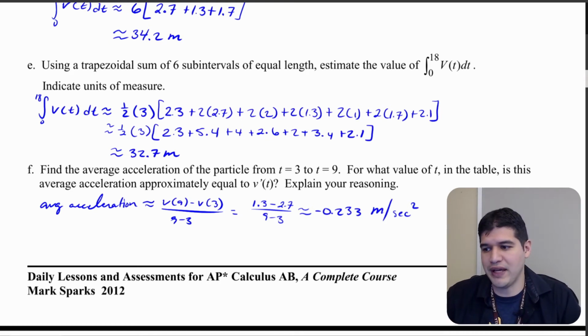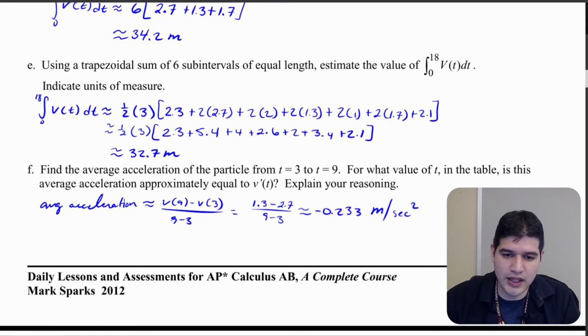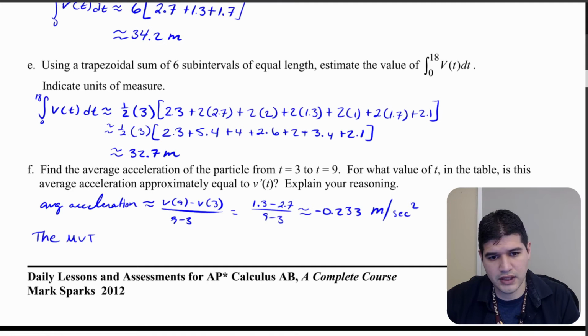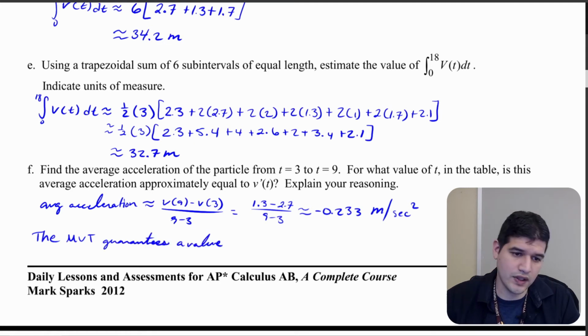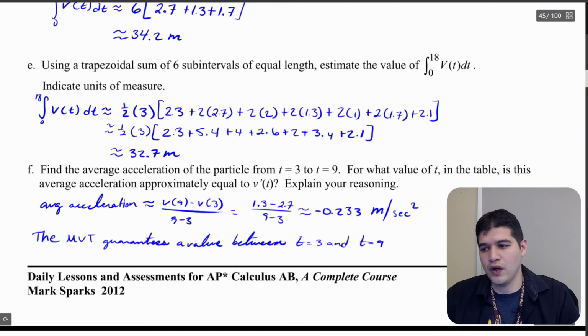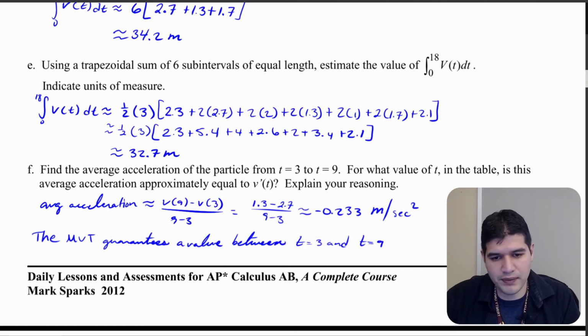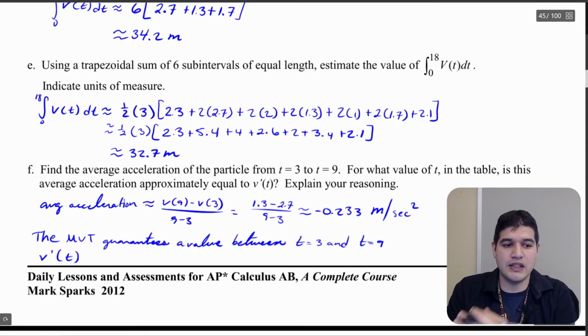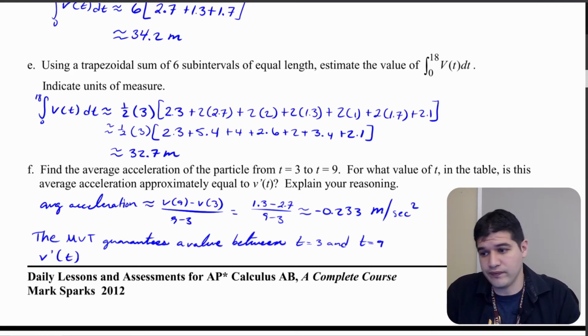We're just going to make that assumption here so that we can say that the mean value theorem guarantees a value between t equals 3 and t equals 9 such that v prime of t, the derivative at one of these values between 3 and 9, is equal to the average acceleration.